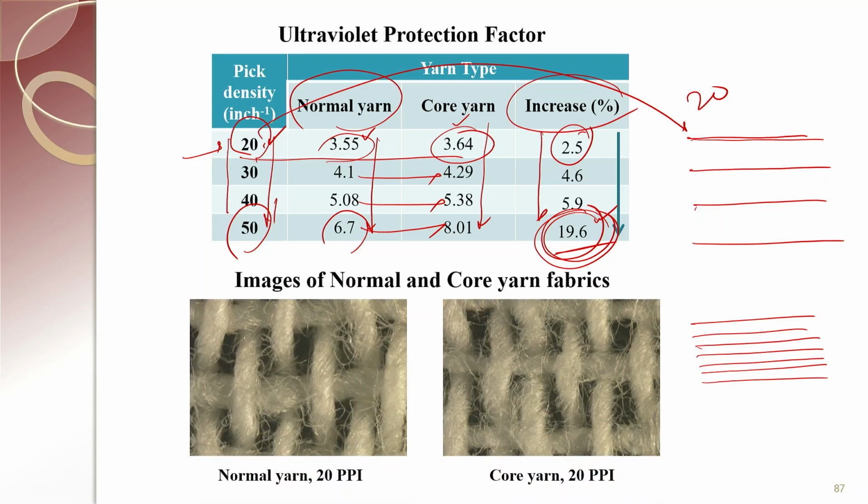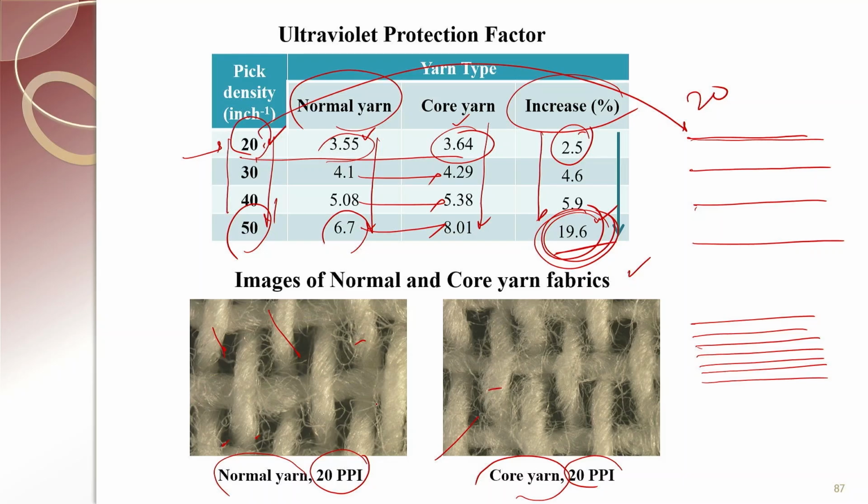So, when we started taking the photograph of image of the fabrics, we can see at normal, this is the normal yarn, core spun yarn with the 20 peaks per inch. In normal yarn the openings are much more than the corresponding core yarn, because it is flattened properly.